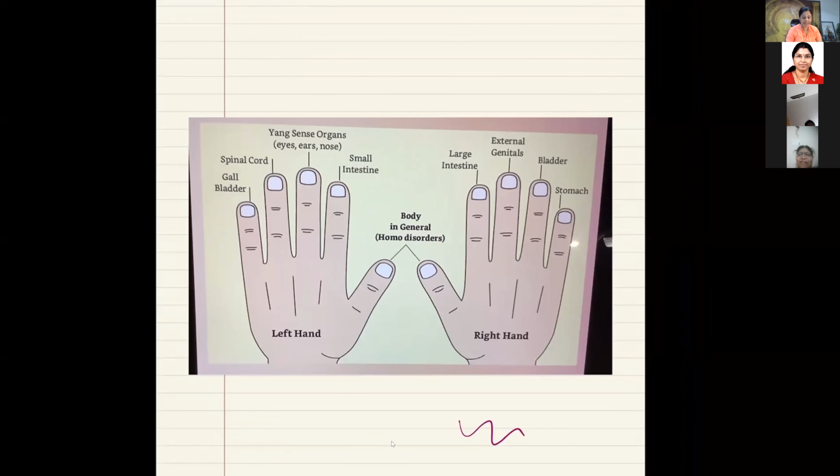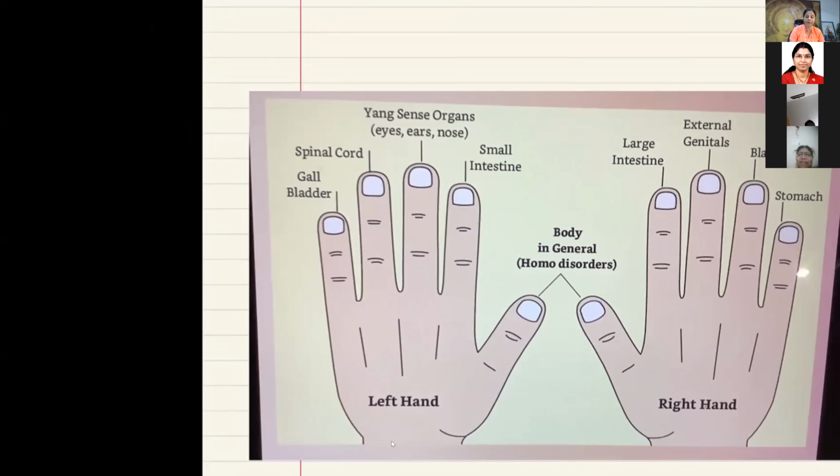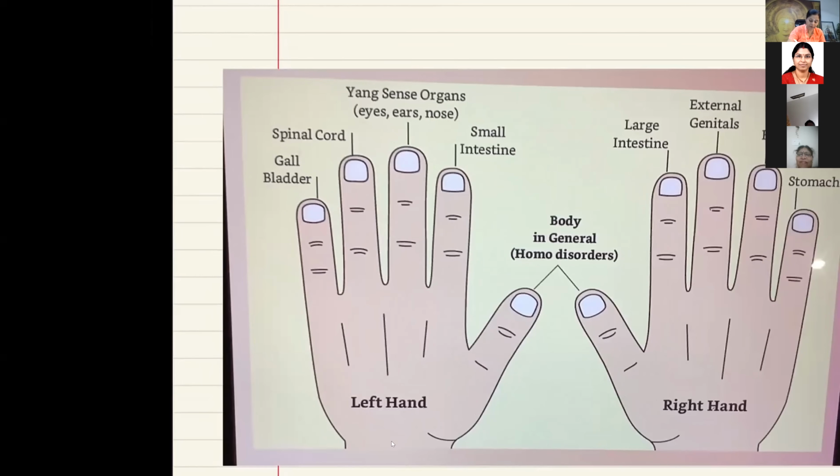See, as I told you, for multiple sense organ problems, you will treat here. But now let us talk about independent 1 sense organ. So now this left hand little finger has connection with the gallbladder. Also, we can write the energy of yang wind.